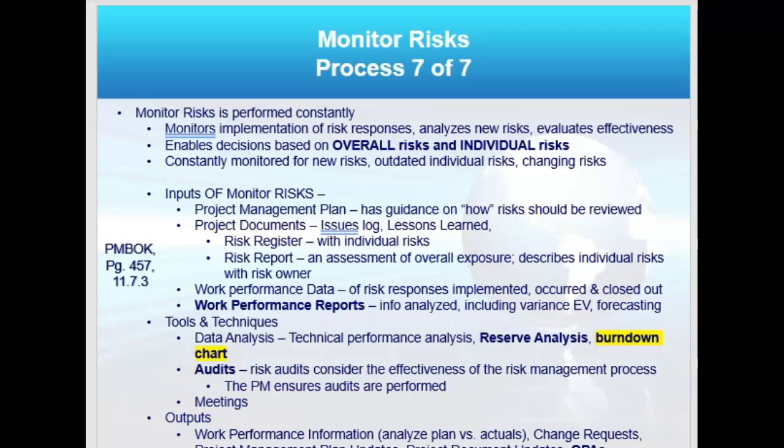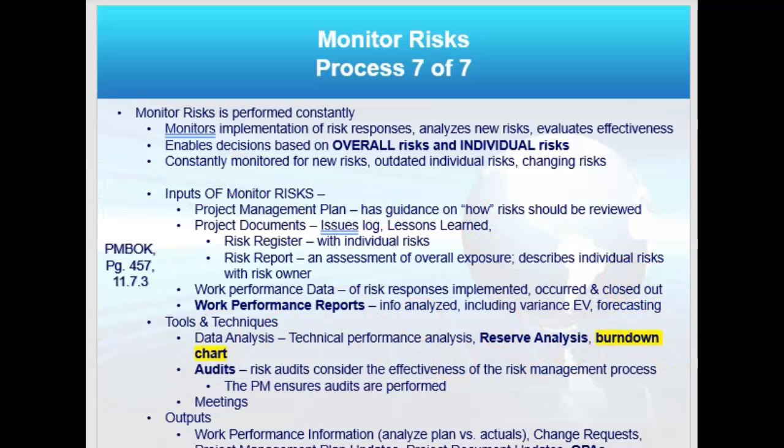We know the outputs include that data that's been analyzed, so work performance information, and change requests, because if in that analysis we've identified a variance, we must then take action and do a change request. If the change request is approved, we have to update the project plan, and we of course want to update documents. Those are typical inputs and outputs. There's only one new one here, and that's work performance reports.